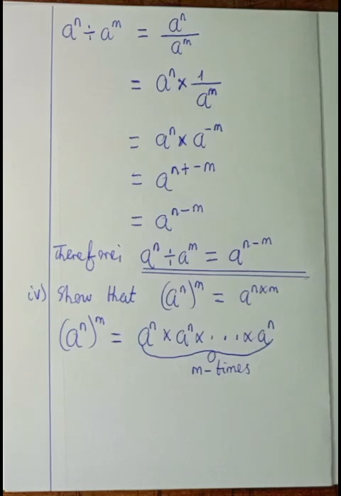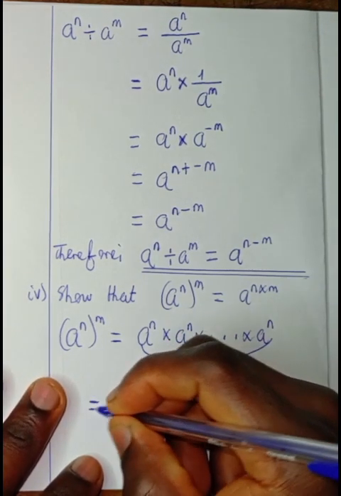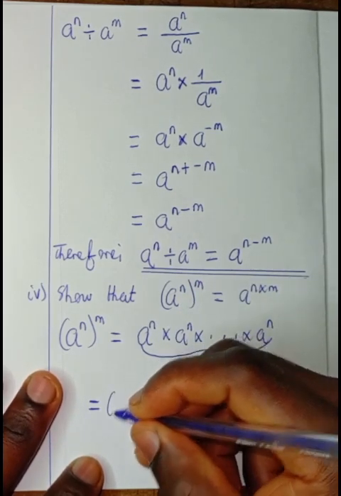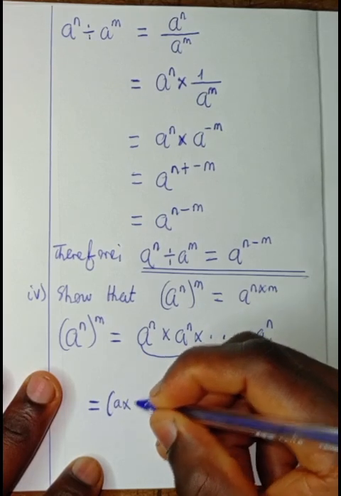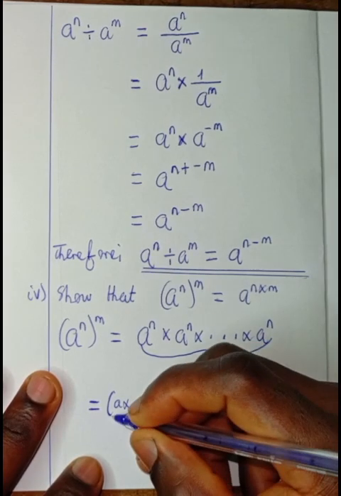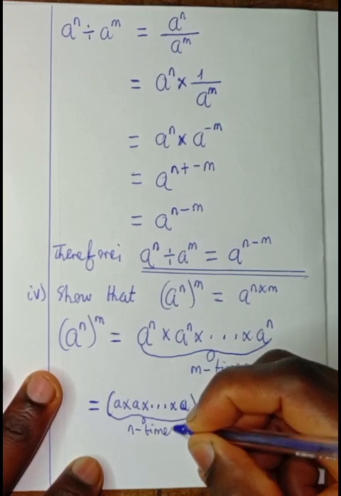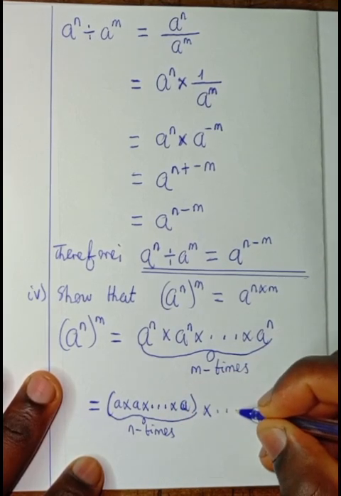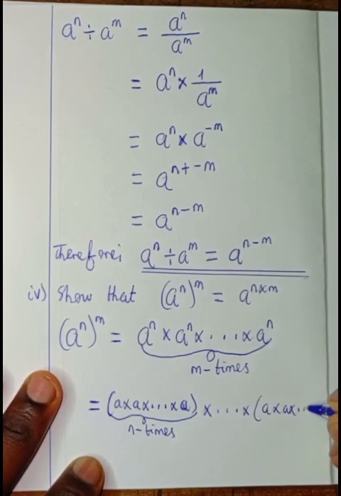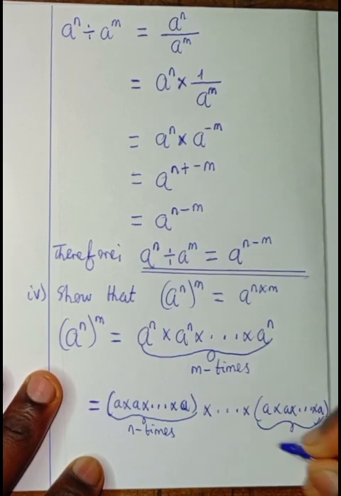That's what it means. Now at this level, we know a to the power n simply means we have to multiply a by itself n times. Make use of our brackets, a times 3 dots times a, n times. Times, just put the 3 dots, times a times 3 dots times a, n times.